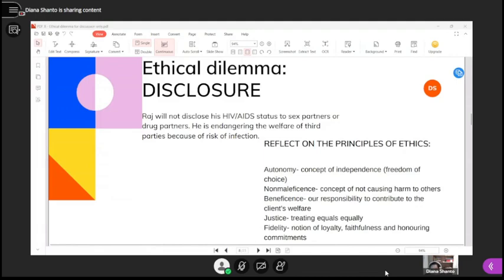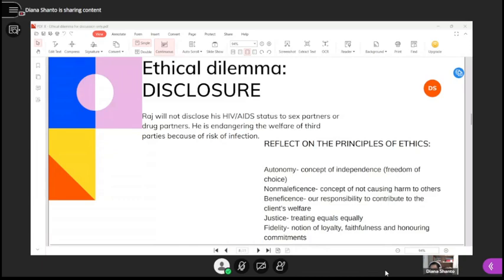Parce que it's about principle ethics. Justify your answer. Like if I say for me, Raj will not disclose his HIV status to sex partners and drug partners. That's his right. Okay, his autonomy, he's independent, it's his choice.